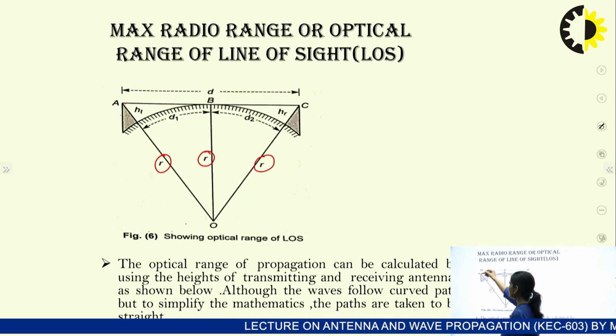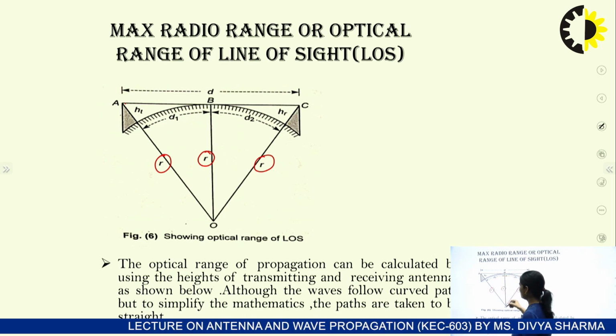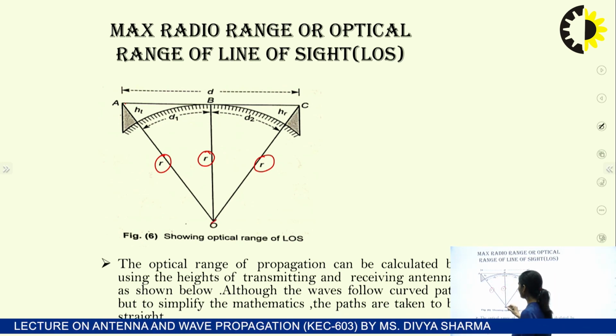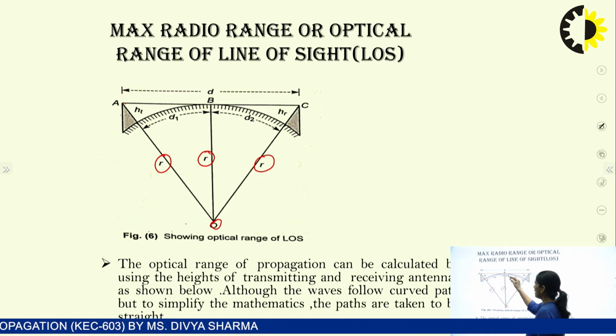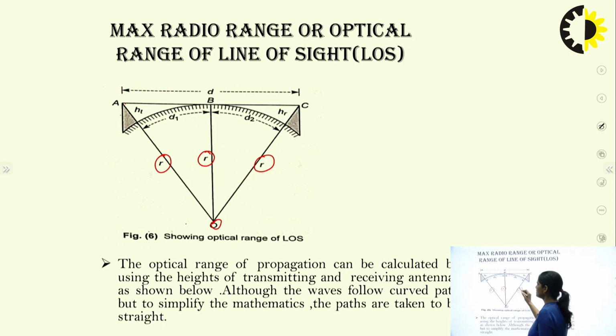It means your wave is traveling from transmitter to receiver with this radius. From the origin to the transmitter the radius is R, and from the midpoint B it is also R. If you are traveling from this distance, this is D1, this is D2, and the whole distance is represented by D.